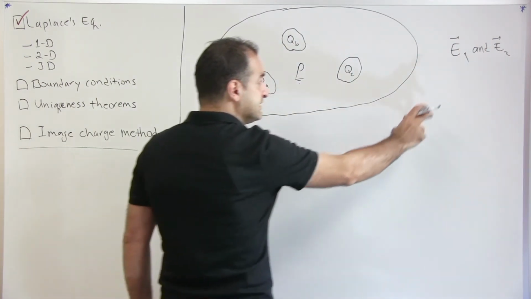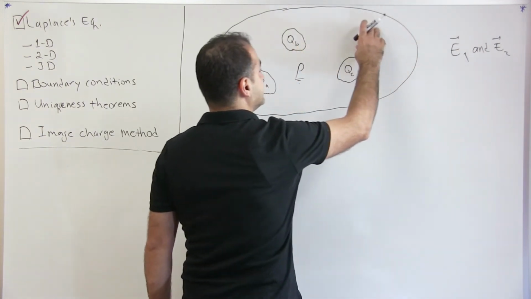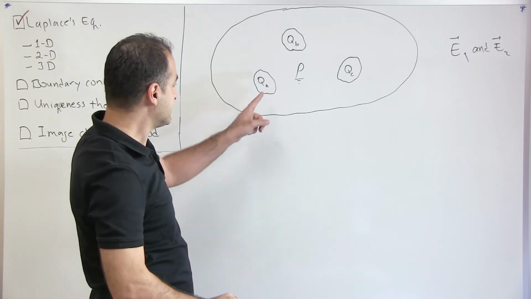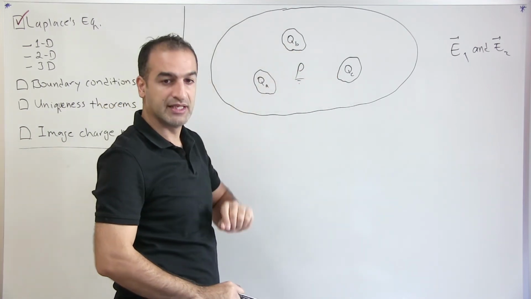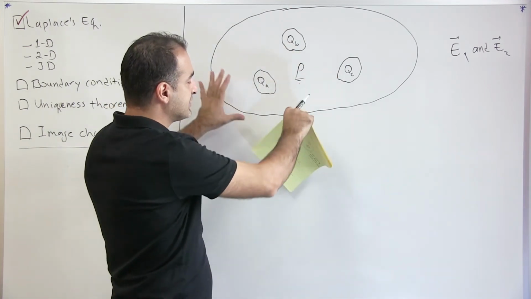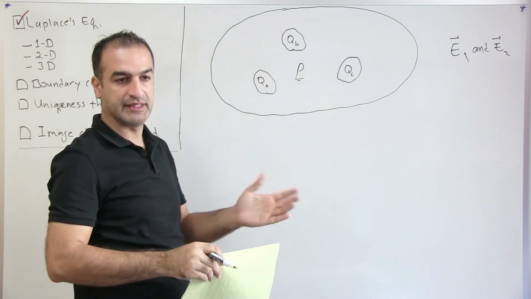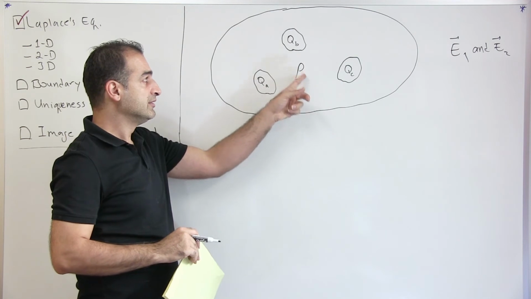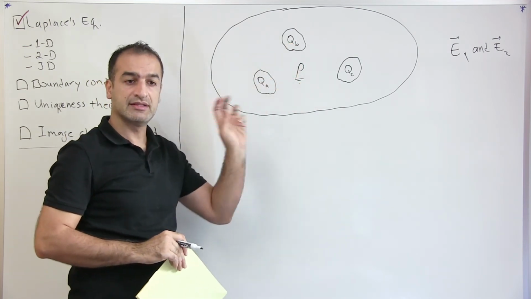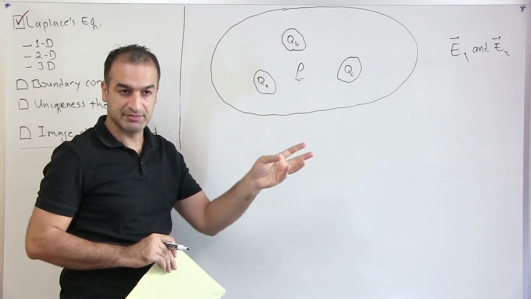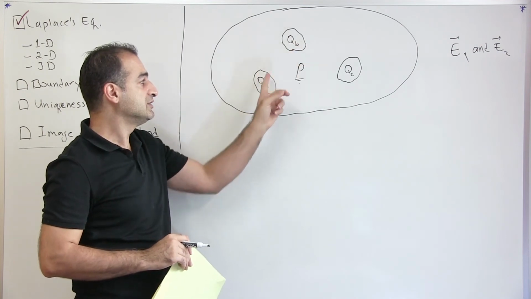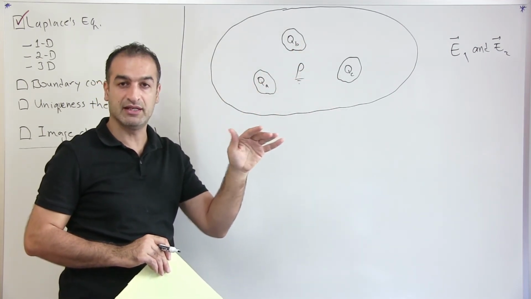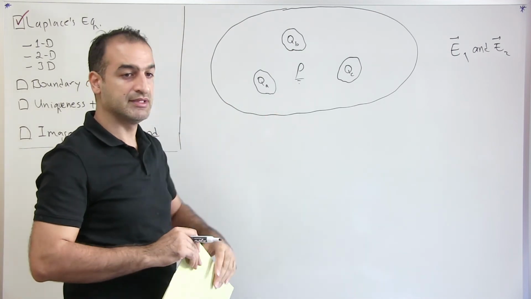So these E1 and E2 are the electric field in the space where we have charge density. Inside the conductors, there's no electric field. Outside this boundary, we don't even care. So the space we have is just this: rho, as well as some conductors, which can carry a specific charge. QA, QB, and QC are the total charges on the conductors. They can be zero if you wish, but they can be non-zero as well.